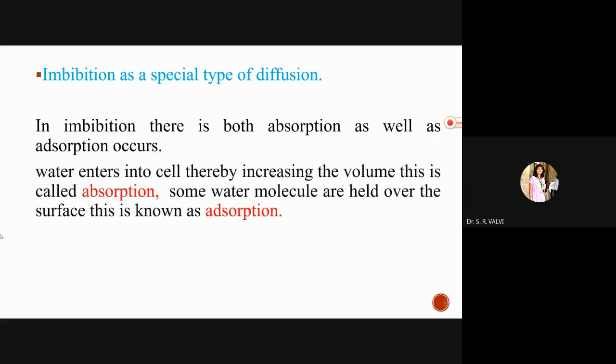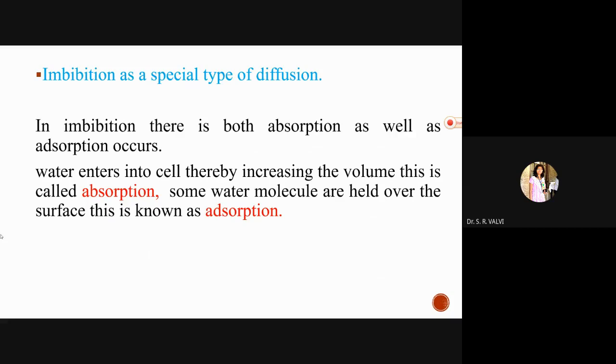Water enters into the cell, thereby increasing the volume. This is called absorption. In case of adsorption, some water molecules are held over the surface. This is known as adsorption.